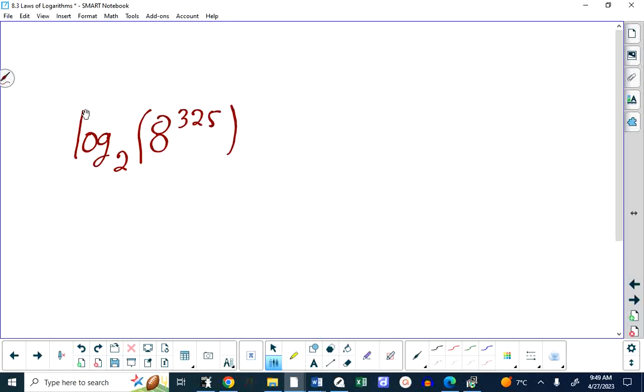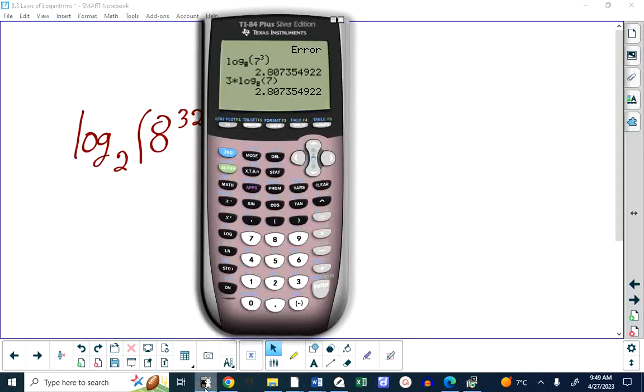You're asked for the value of that. Well, if I take 8 to the 325, I want to figure out what 8 to the 325 is. I get an error because my calculator can only handle numbers up to 9.99999 times 10 to the 99.